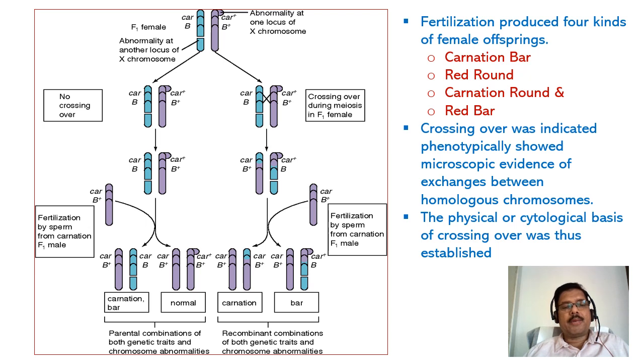This is the diagrammatic representation of Stern's experiment on Drosophila. The female fly has two X chromosomes.